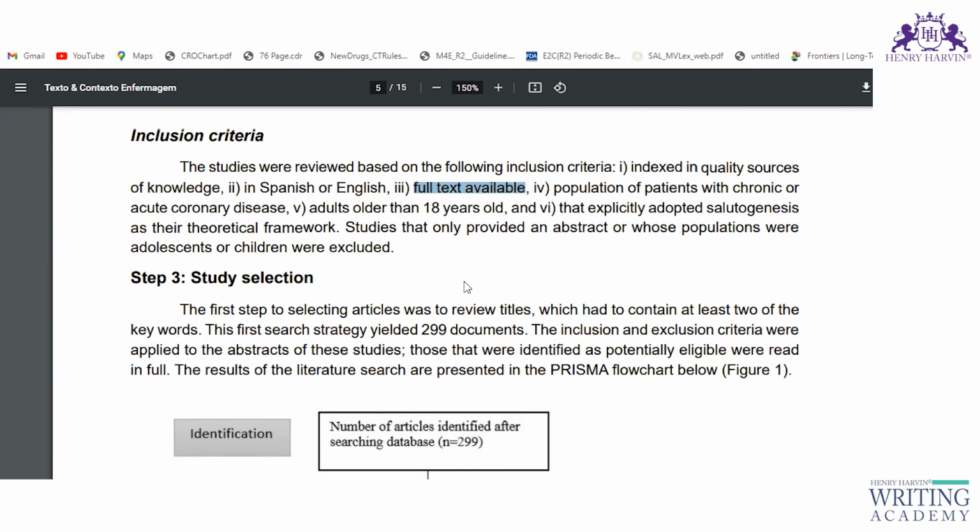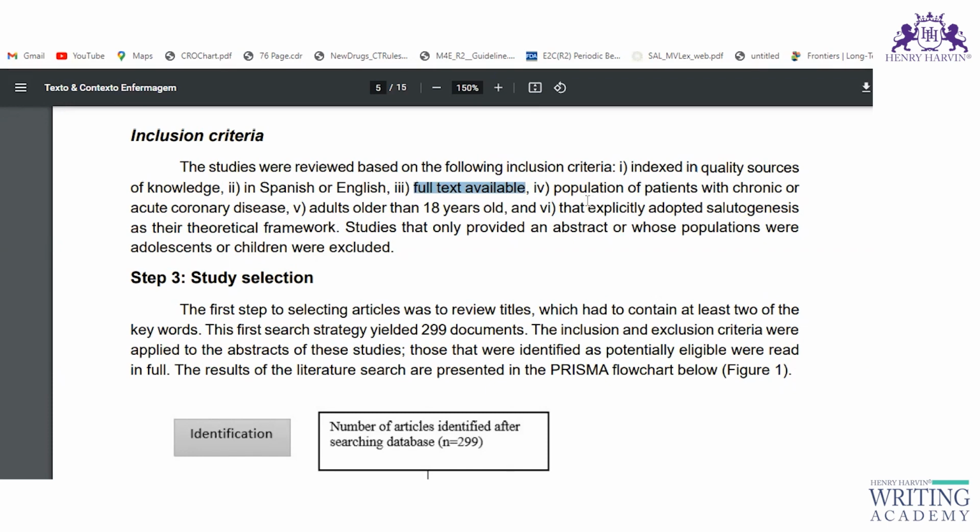So you have to take only the articles for which you have the full text, meaning you have all the information of those articles, like we are seeing here. Otherwise, only from the abstract and the title, you will not be able to understand what is actually defined in the study. So the author here is considering only the articles of which the full text is available.